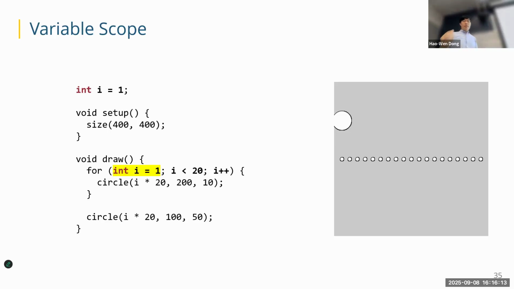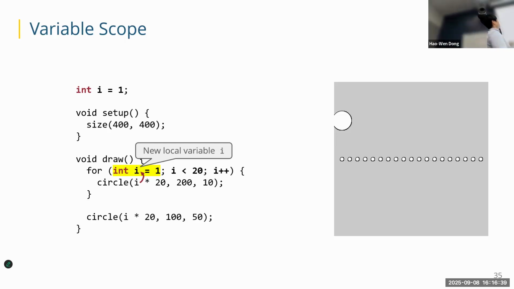So the variable scope is that the newest created one will be used. So you define a new local variable. So this i will refer to the most recent defined one, the closest scoped one that you have.